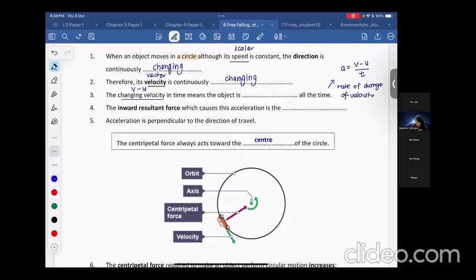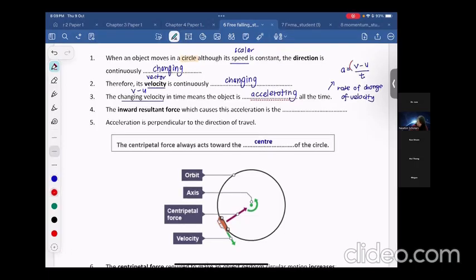So I want to tell you that if your velocity is changing, the object is accelerating all the time. Because v minus u shows a change in velocity, the object will accelerate.